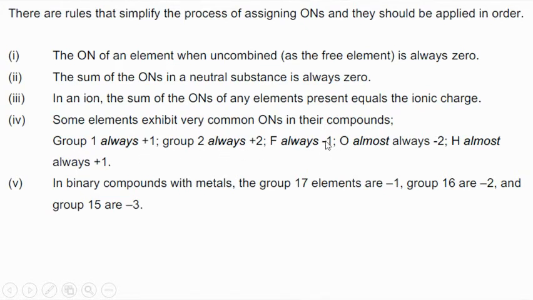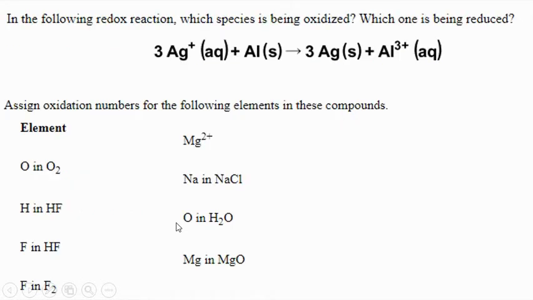Fluorine, always, always, always -1. Oxygen, always -2, except with the peroxide ion. And then hydrogen is almost always a +1. In binary compounds, group 17 elements, that's your halogens, are -1 typically. Group 16 are typically -2, and -3 for group 15, not always though, so be careful.